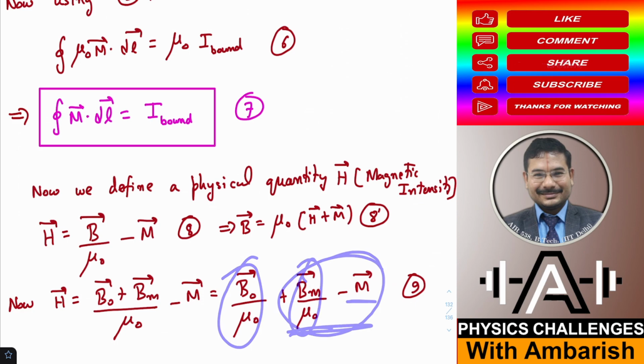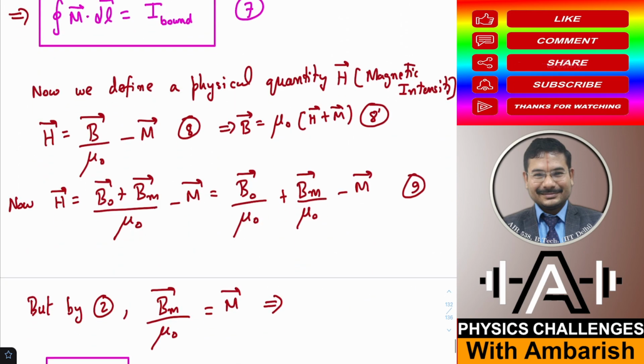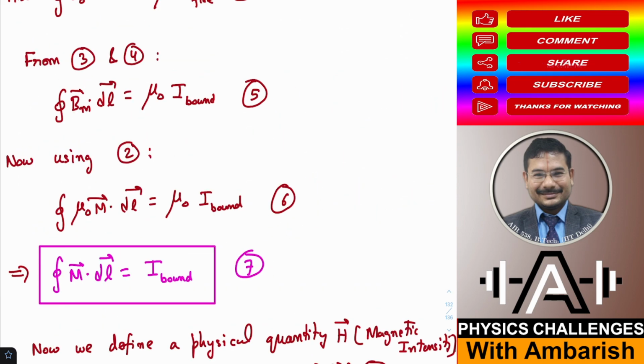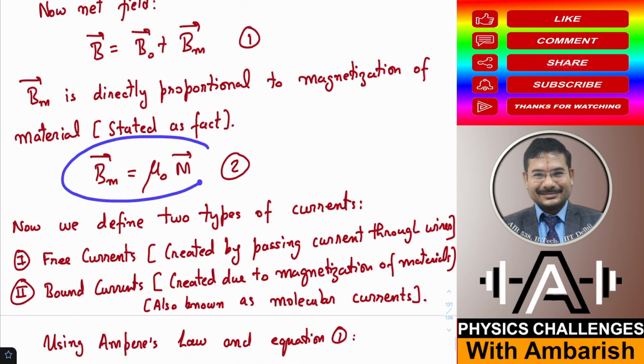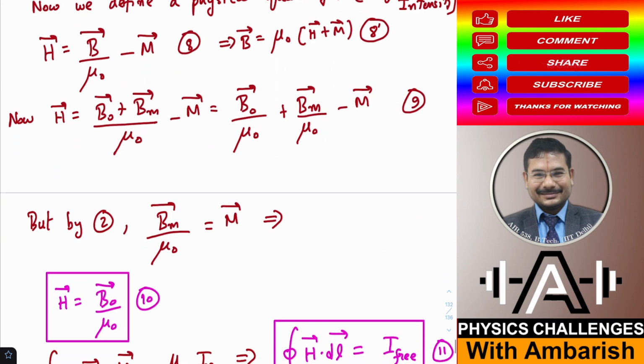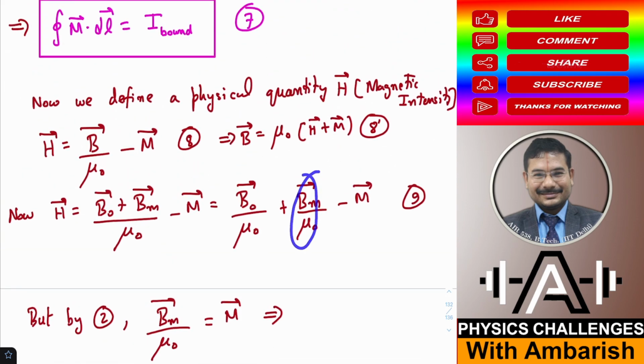But from equation 2, Bm is mu naught times m, so I can say that Bm upon mu naught is m. So this cancels off, this is m and this is also m, so this goes to 0. So actually H vector is simply B naught upon mu naught.